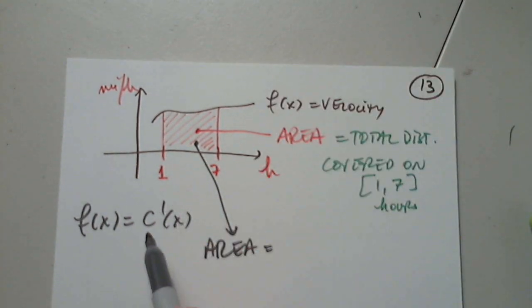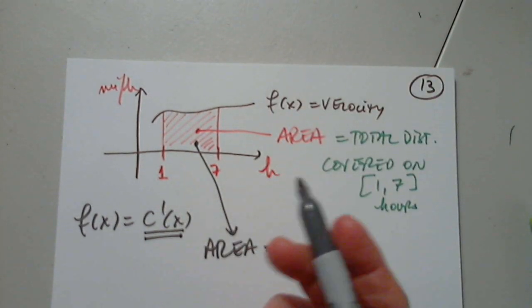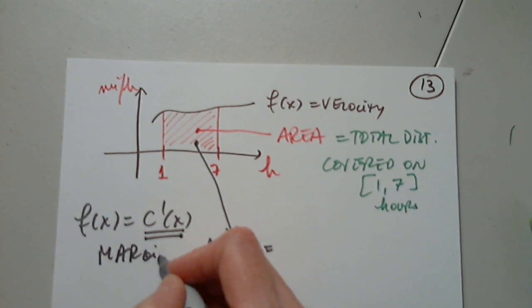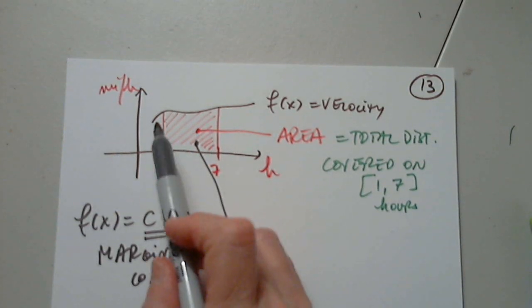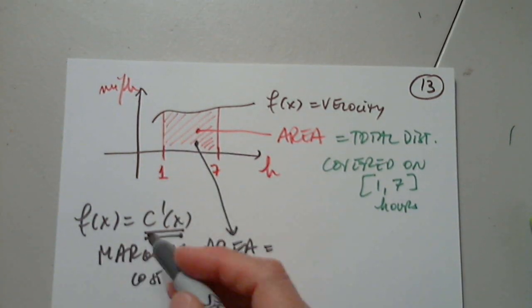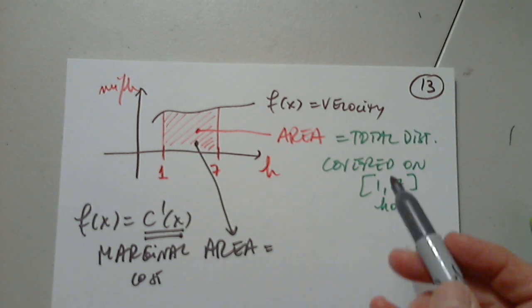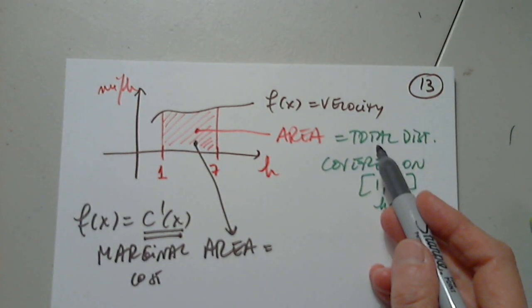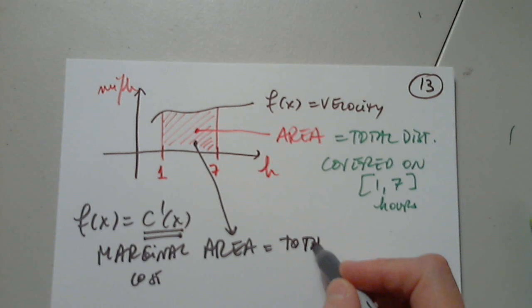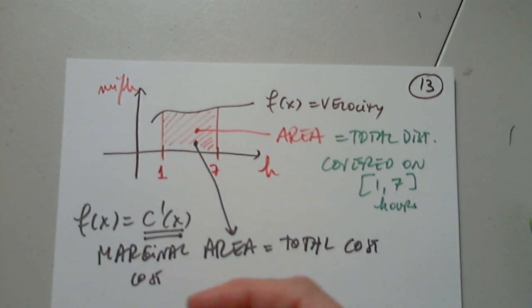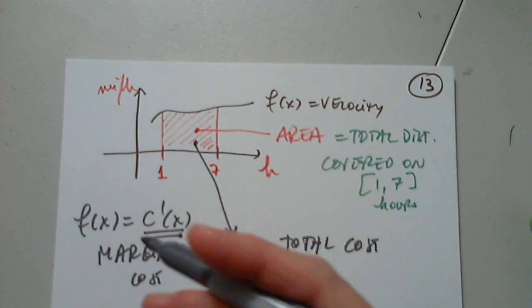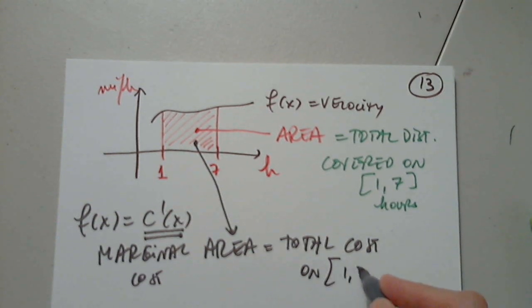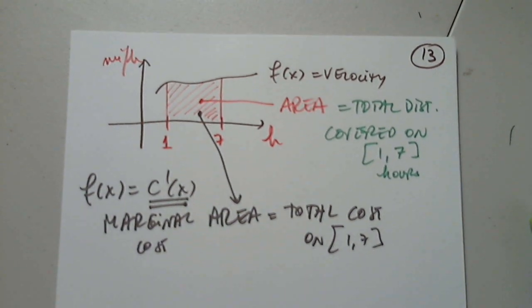If this function now is the marginal cost, what will the area represent? Total cost. Yeah, total cost between 1 and 7 units that I manufacture, 1,000 and 7,000, 1 million and 7 million, I don't care, whatever the measurement unit is.